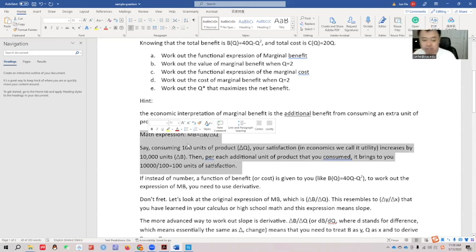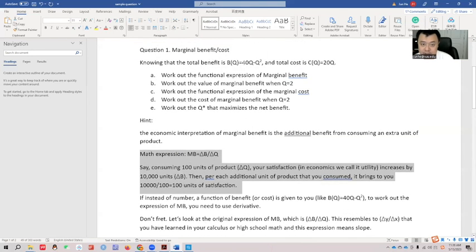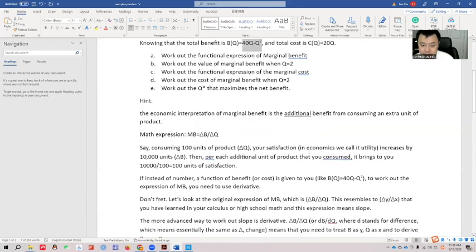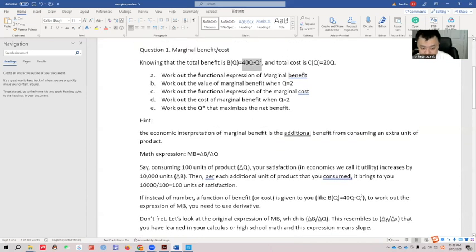That is the economic intuition part. And then let's turn to mathematics. If instead of a number, we are given a function of benefit, like in this question, 40Q minus Q squared, as the expression of the benefit, how do we work out the marginal benefit?